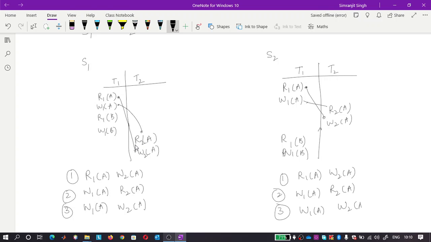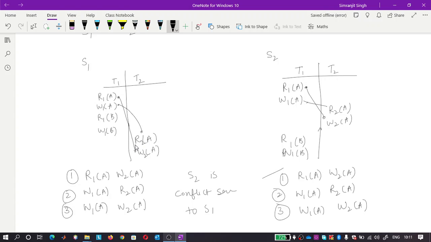Okay, so you can see here both of these have the conflicts in the same order. So you can say S2 is conflict serializable to S1. I can simply say that because we are able to find a non-serial schedule that produces the same effect in terms of conflicts as S1. Keep in mind that the schedules are conflict serializable.